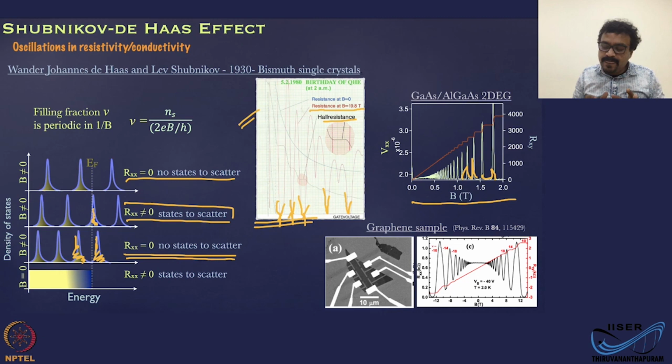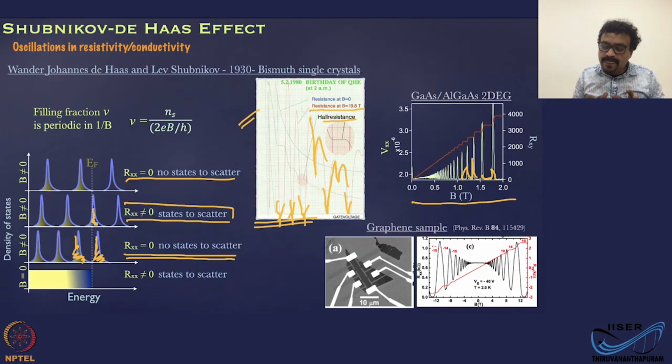But when you measure it, it actually is going to be the noise level or noise floor of the instrument, the preamplifier that you are using to measure. Okay. So whenever there are states, you will measure resistance. That is when you are going to get these peaks. Okay. And this splitting is because of the spin splitting.